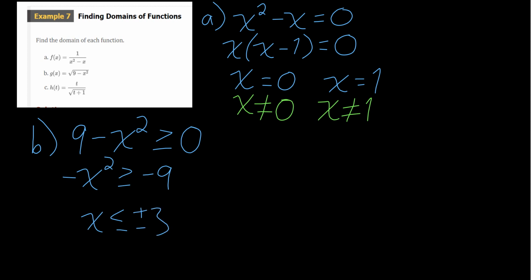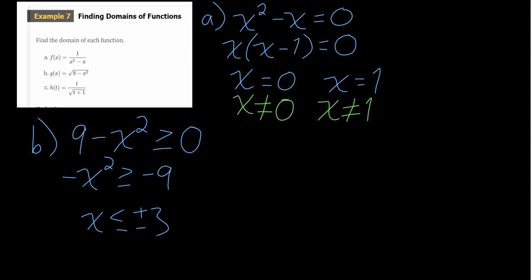Now again, that's not the domain. What that's telling me is that this is now going to be the walls of my number line that we did in 1.7. You have your wall at negative 3 and your wall at 3, and then you plug the values in just like we did in 1.7 or at the beginning of this lecture.